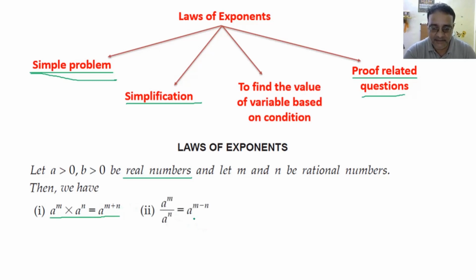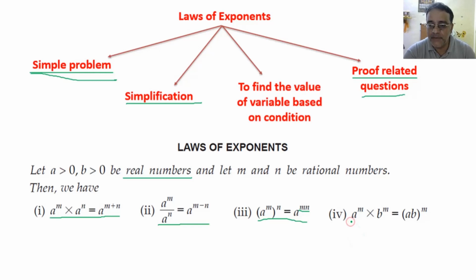And this is the second law: a to the power m upon a to the power n is equal to a to the power m minus n. The third one is a to the power m whole to the power n is equal to a to the power m into n.